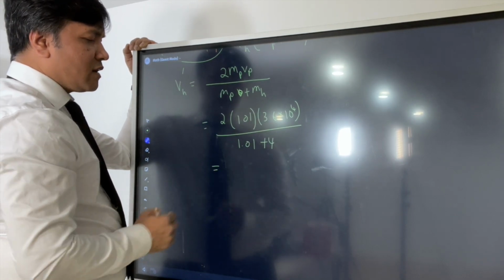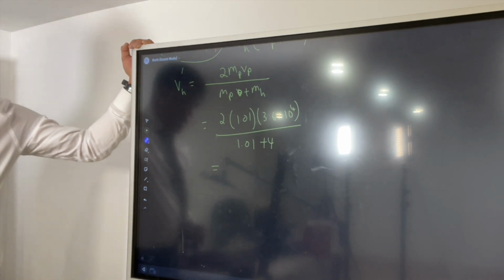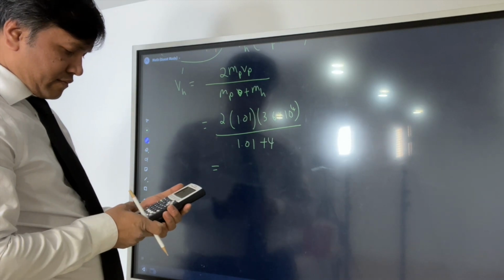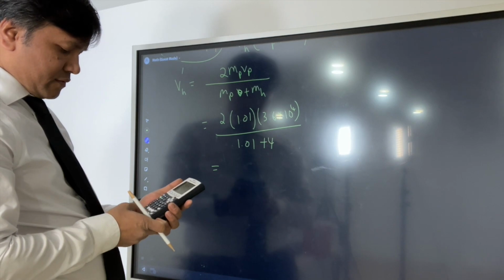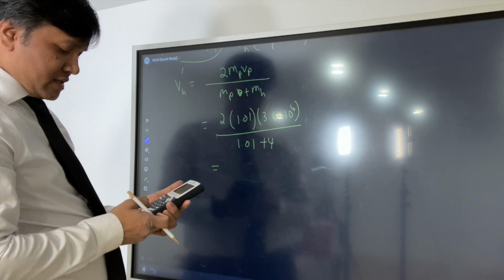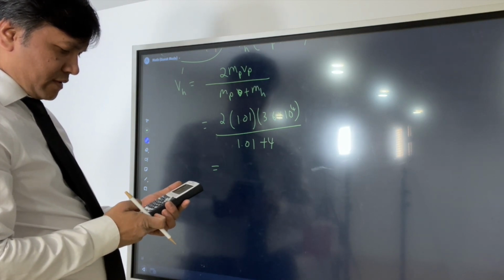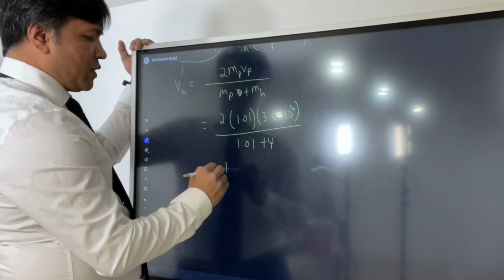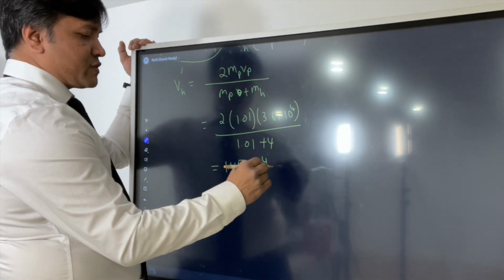So if you calculate it, let me see, two times 1.01 times 3.6 divided by 5.01, it gives 1.45 times 10 raised to 4, and that would be meters per second.